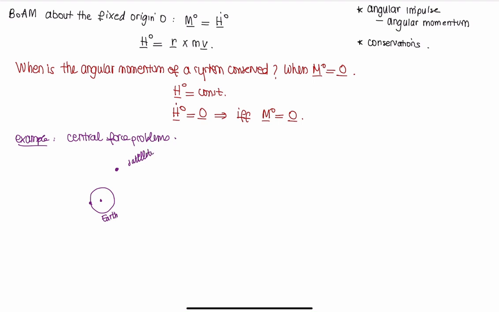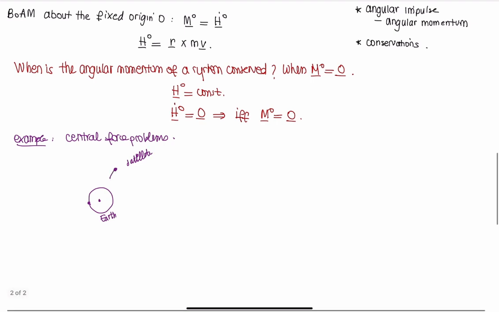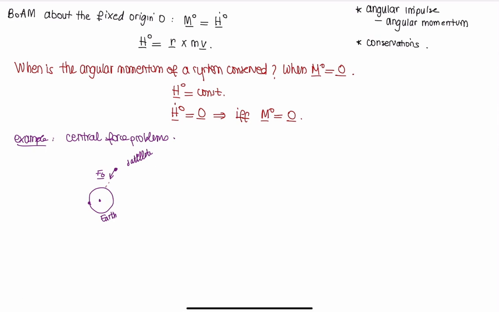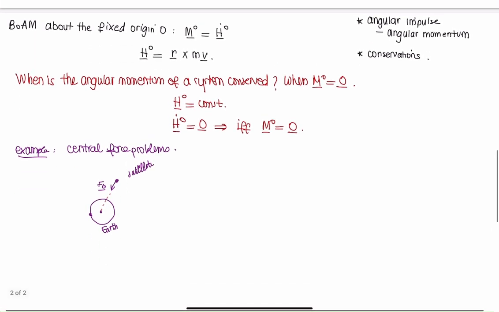The only force acting on the satellite is the gravitational pull that the Earth applies on the satellite, Fg. Now this is a central force problem because the force Fg acting on the satellite is always going to point towards the center of the Earth, which is the origin of our system. So no matter where the satellite is, the force points towards O. That's what makes this problem a central force problem.